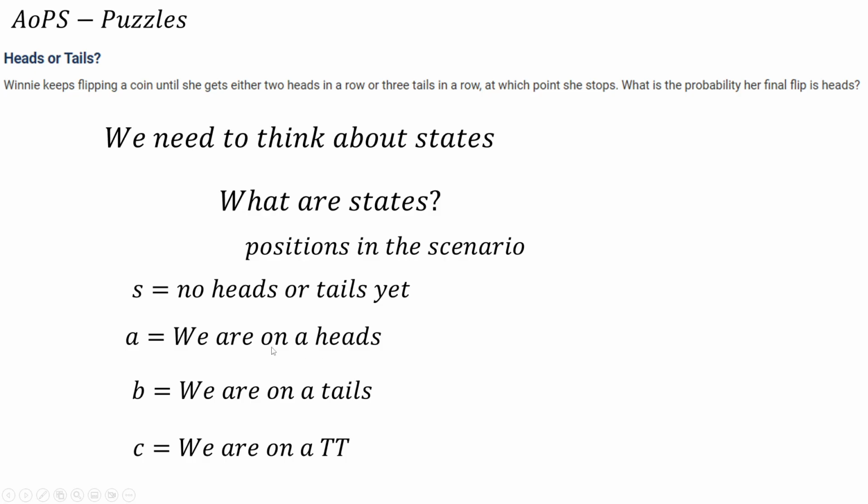We're not going to have a state for two heads because that would just be a stopping condition. And we could have a state of being just currently on tails or being on tails. These ones you might think of as B being encompassed by C, because you might think, oh well, we are currently on tails here, even though it's a tails.